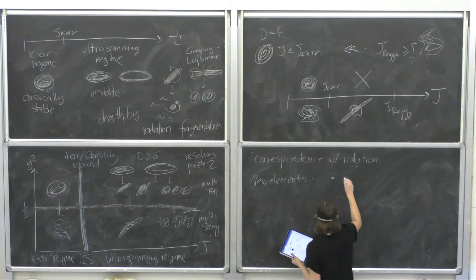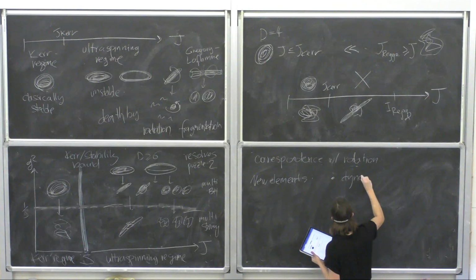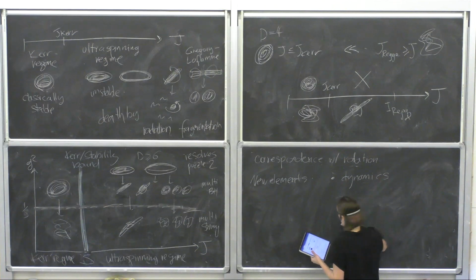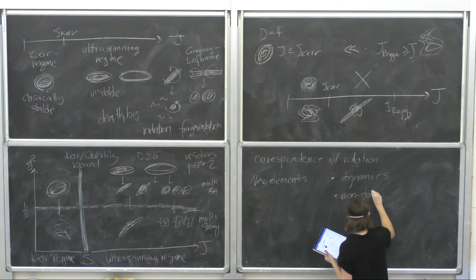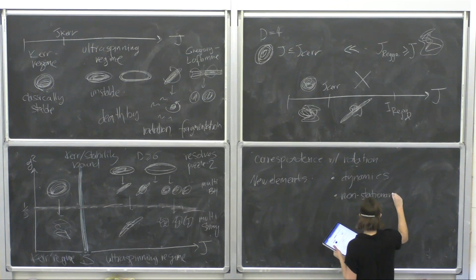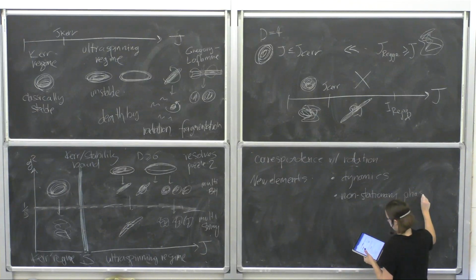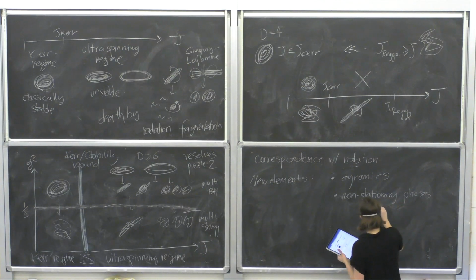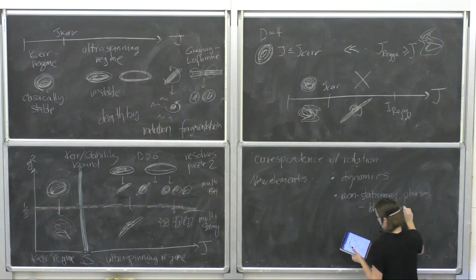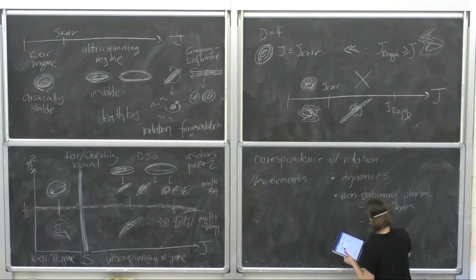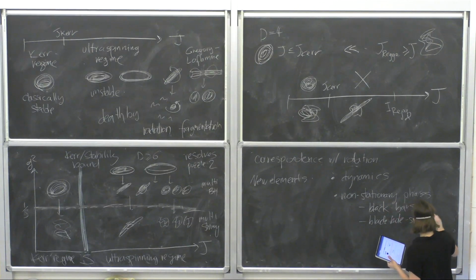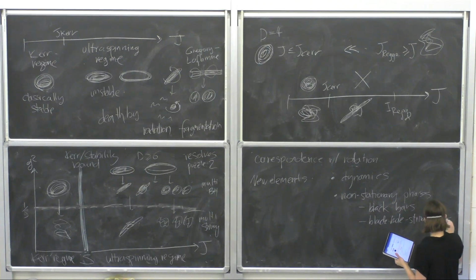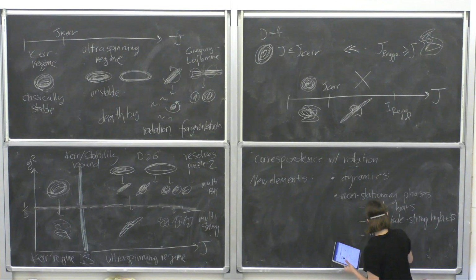So first of all, we had to consider dynamics. We had to consider non-stationary phases. So that includes these black bars, black hole string hybrids, and multi-string states.